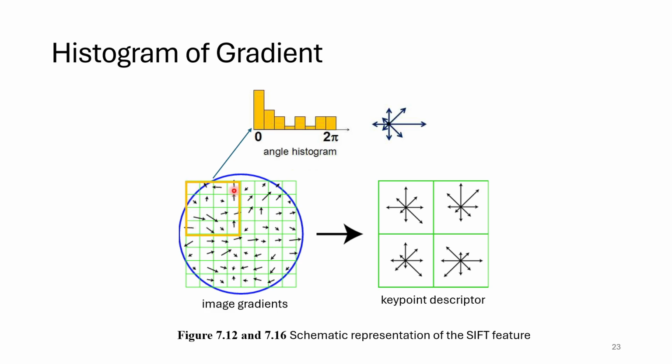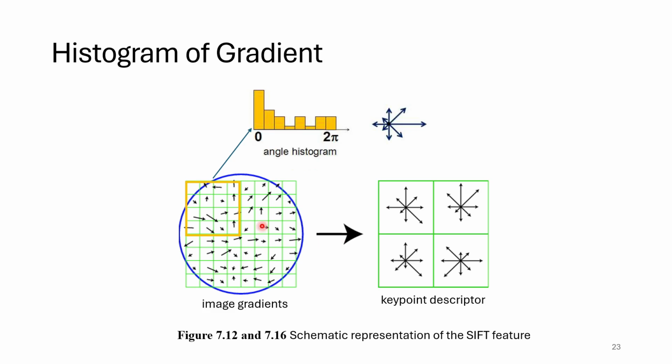From these 16 pixels, if they divide the orientation into 8 bins, it means 0 to 45, 45 to 90, 90 to 135, and so on. They collect the gradients belonging to each bin and sum those magnitudes up. This collection can be converted into a histogram.